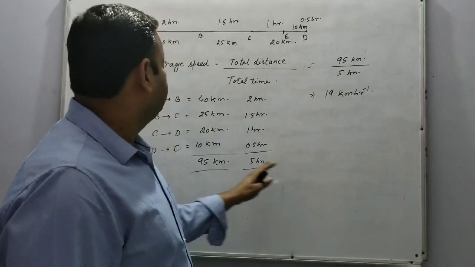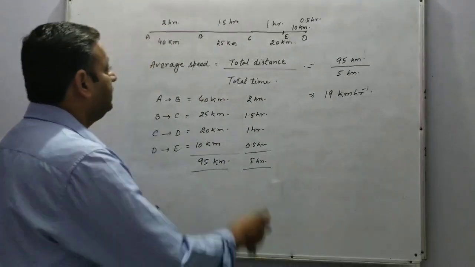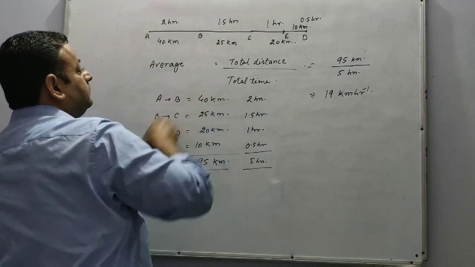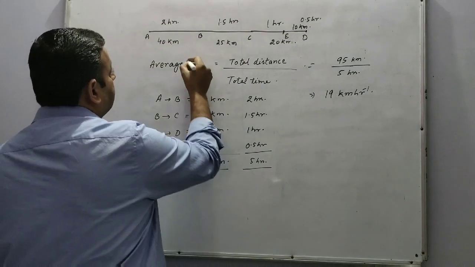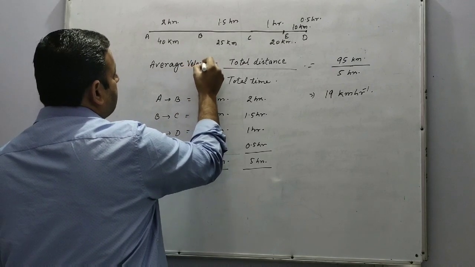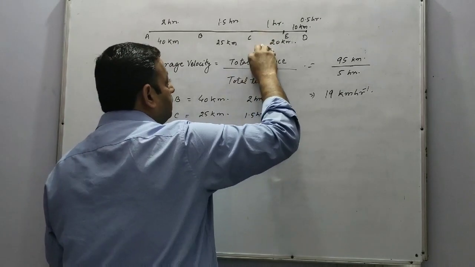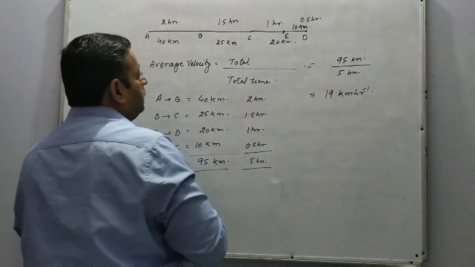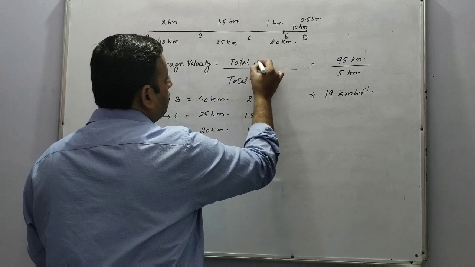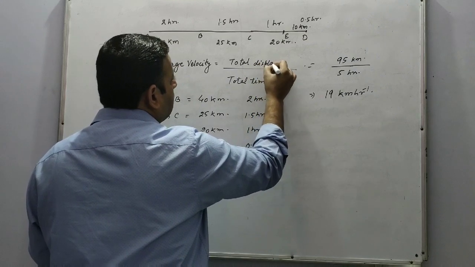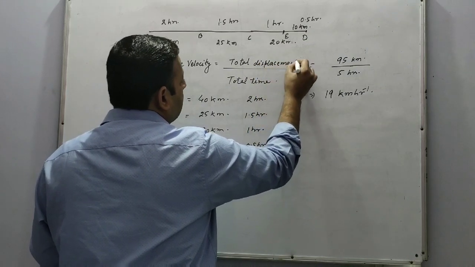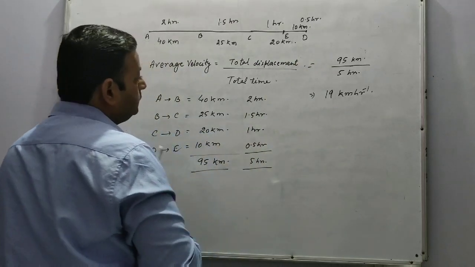Now we have to calculate the average velocity in this particular question. So average velocity is equal to total displacement upon total time.